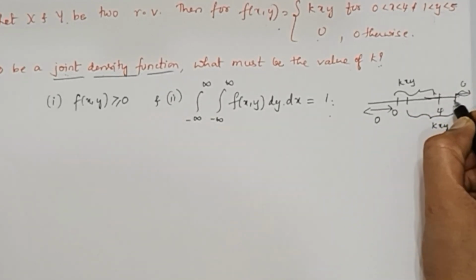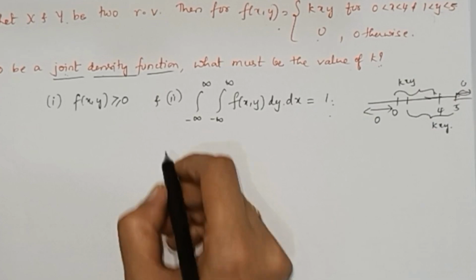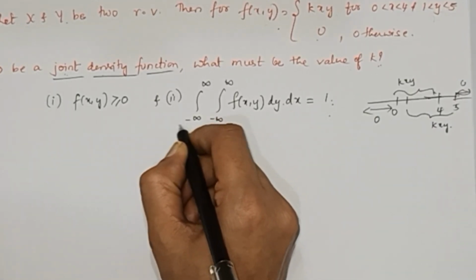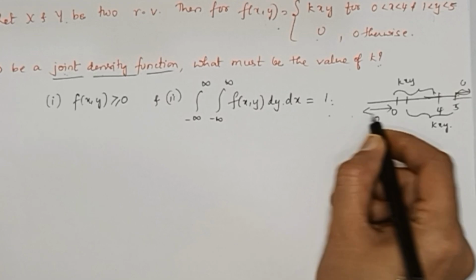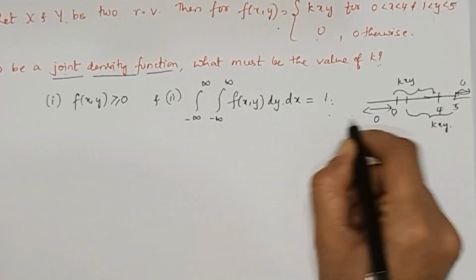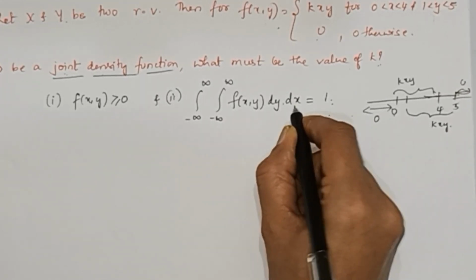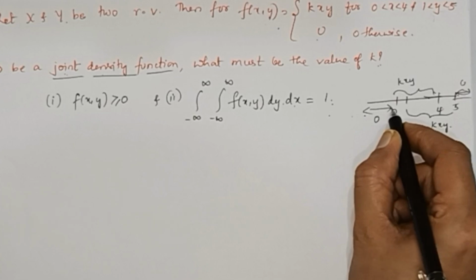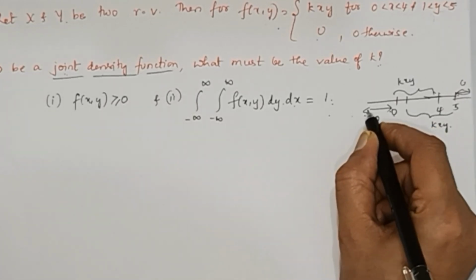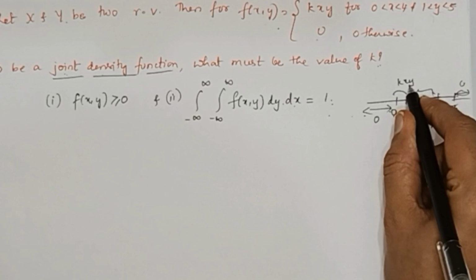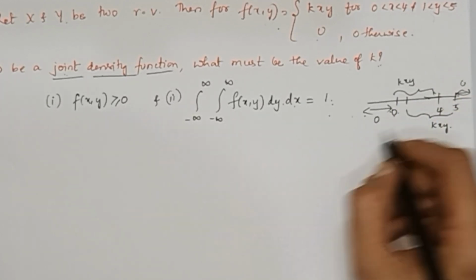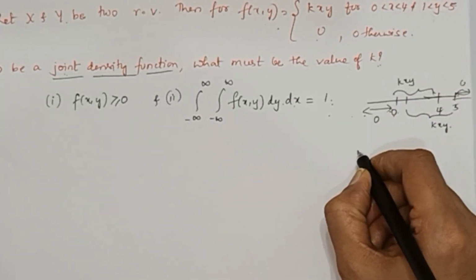Therefore we have here from minus infinity to infinity, but I will split it like this. For x from minus infinity to 0, the function is 0. Then 0 to 4, the function is kxy. Then 4 to infinity. So the splitting is like this.